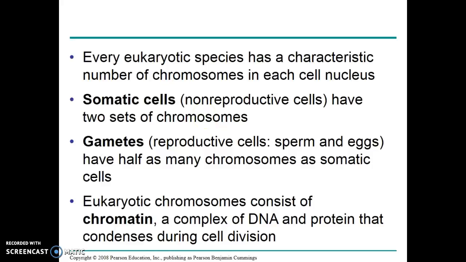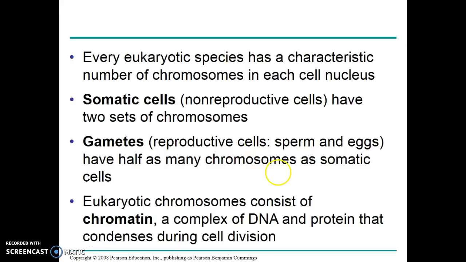The gametes, the reproductive cells, sperm and egg cells, have half as many chromosomes as somatic cells. They originated from somatic cells of the two parents, meaning that one set of chromosomes is given by the mom and the other by the dad. They each give half.